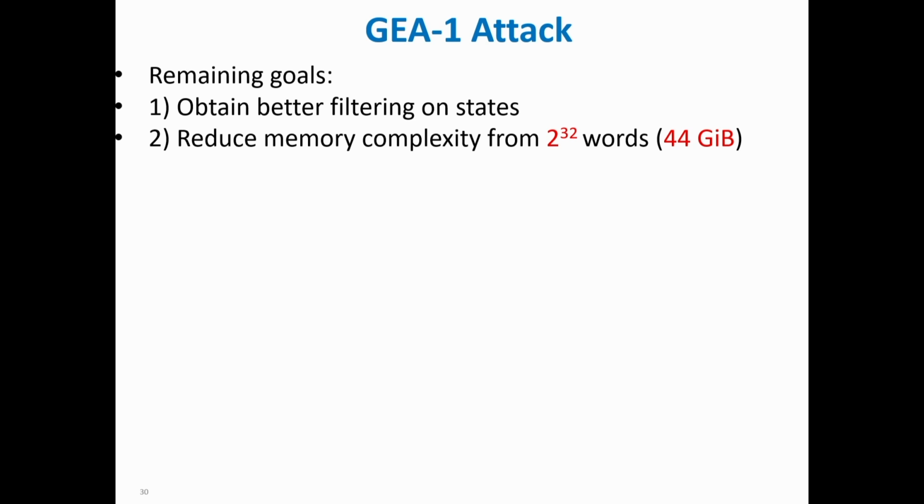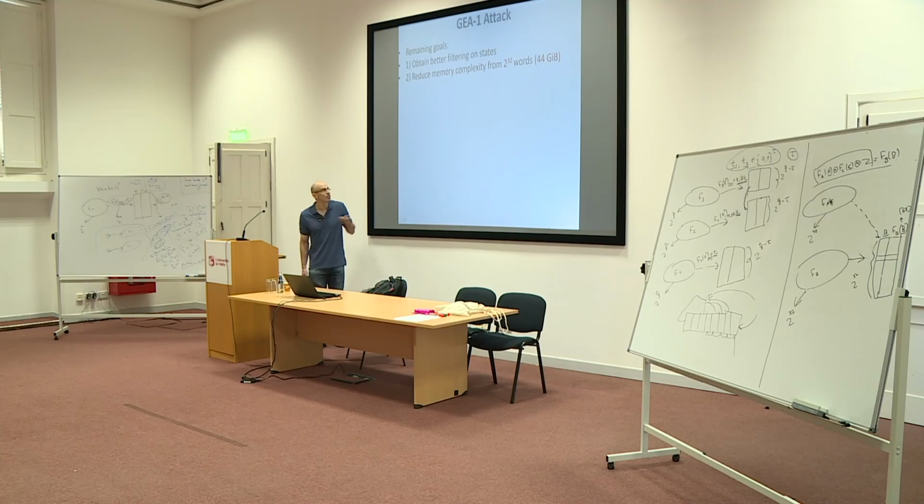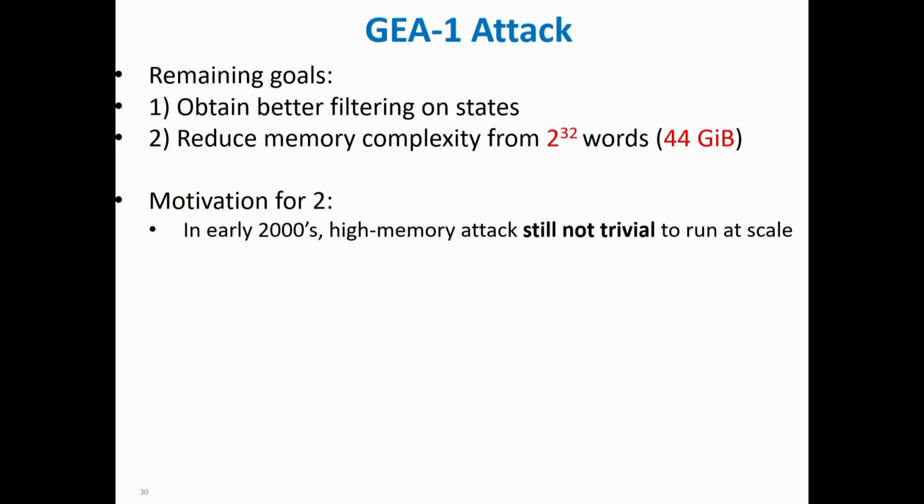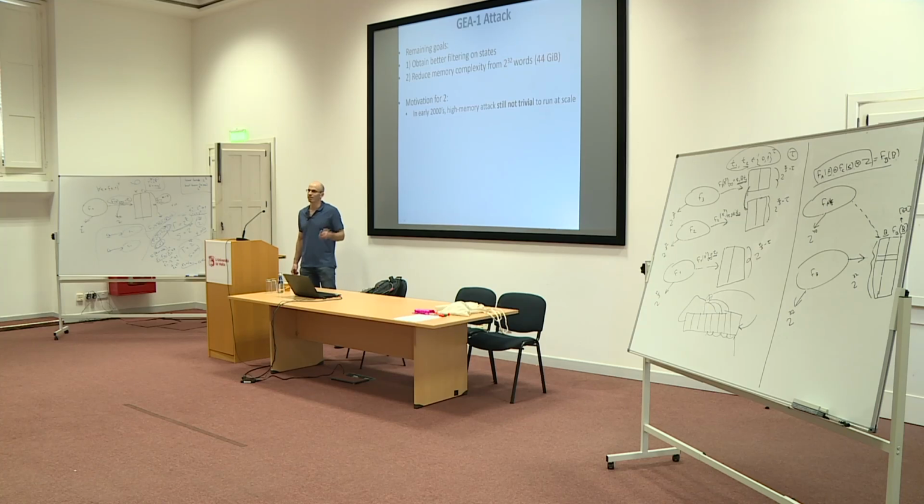Let me just say a few motivations. Why do we want to reduce the memory complexity? First of all, it's a nice application of the generic algorithms that I described this morning. And in general, if you look back at the early 2000s, this high memory attack is still not trivial to run, especially if you're trying to eavesdrop on communication at scale. You need to allocate a lot of memory, and definitely at that time it was not trivial. So it did matter, at least at that time.